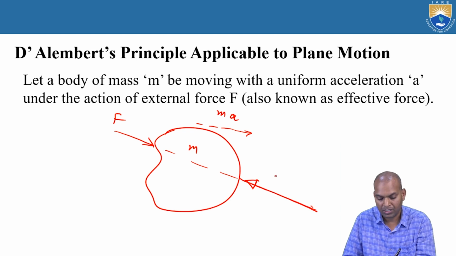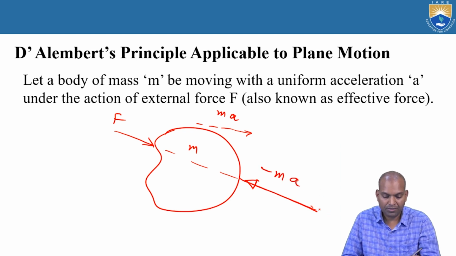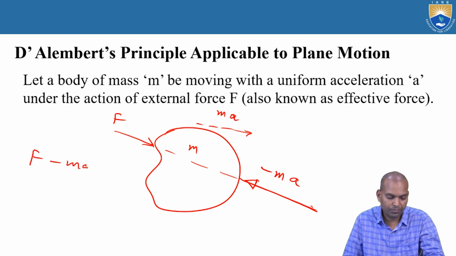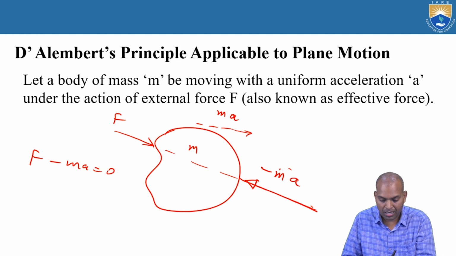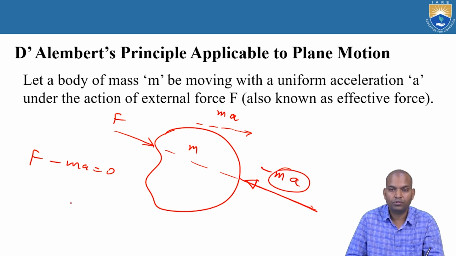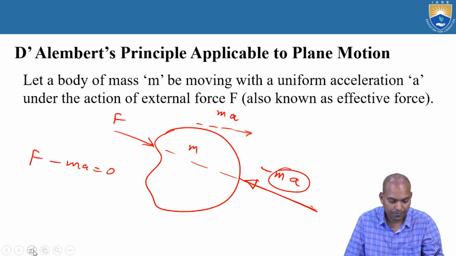That is the inertia force, which is M times A. This gives F minus MA equal to 0. This MA is known as the inertia force or D'Alembert's force.